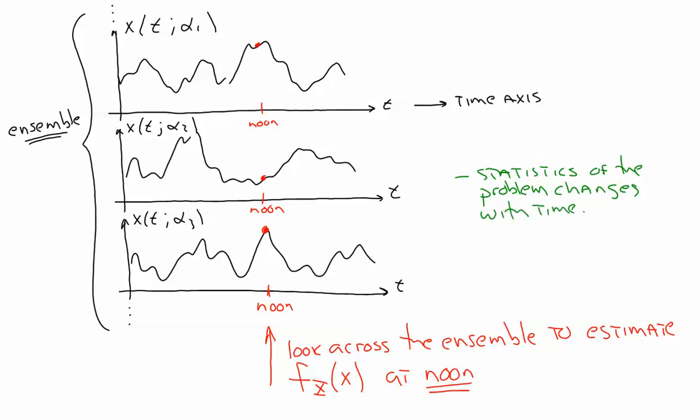So strictly speaking, my first order probability density function, as well as the higher order probability density functions that we'll talk about later, are going to change as a function of time.